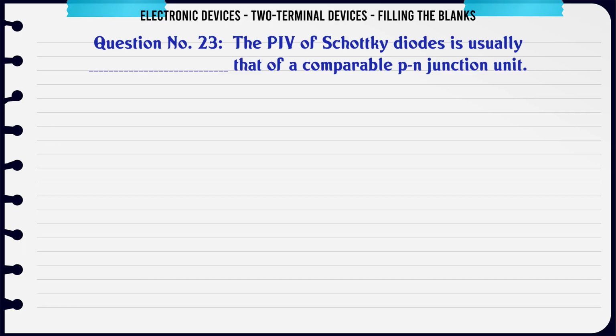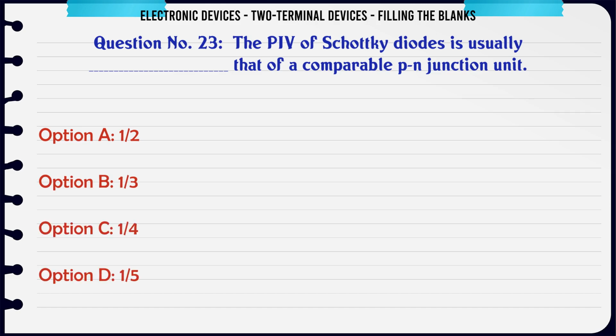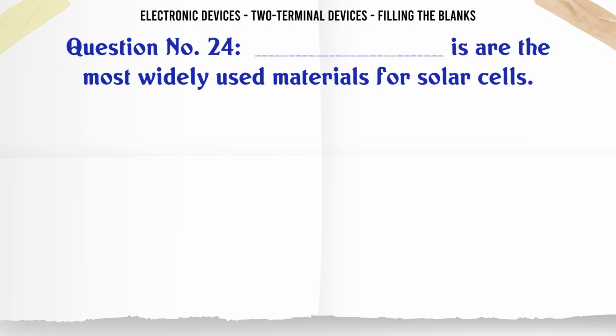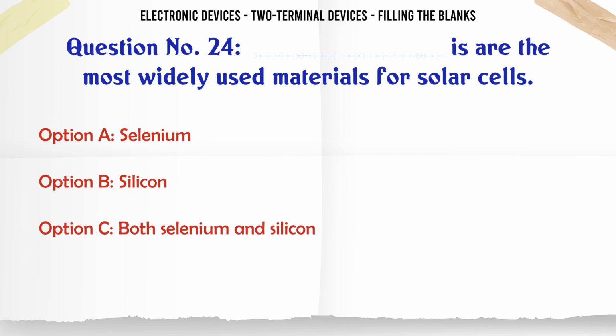The PIV of Schottky diodes is usually ___ that of a comparable p-n junction unit. A, 1/2; B, 1/3; C, 1/4; D, 1/5. The correct answer is 1/3. ___ are the most widely used materials for solar cells. A, selenium; B, silicon; C, both selenium and silicon; D, cadmium sulfide.